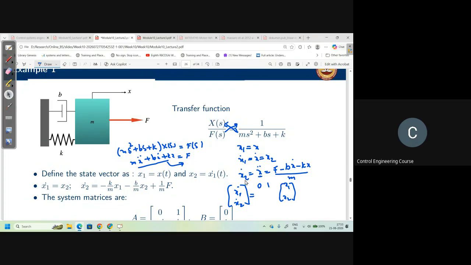Then x2 dot is equal to f minus b x dot, where x dot is x2, minus kx, where x is x1, all by m. So x2 dot is equal to minus k by m x1 minus b by m x2.